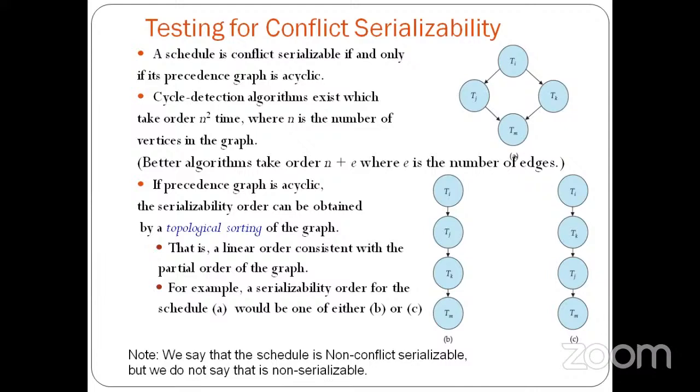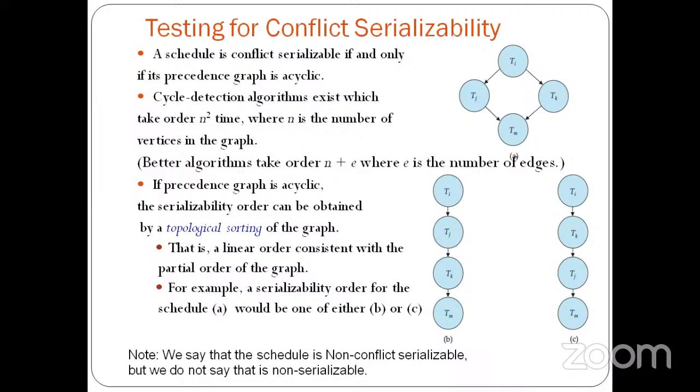A cycle detection algorithm takes order n squared time, where n is the number of vertices in the graph. Better algorithms take order n plus e, where e is the number of edges. So here there are some vertices and some edges in the precedence graph, and it should be acyclic.